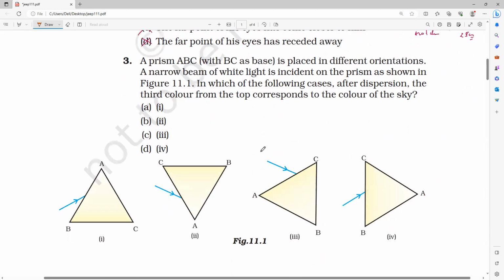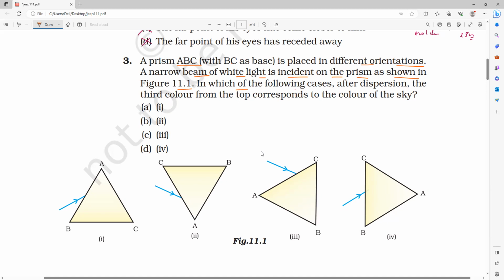Next, a prism ABC. This question also came in the board exam recently, in the last 2-3 years, I think. A prism ABC with BC as a base is placed in different orientations. A narrow beam of white light is incident on the prism as shown in the figure 11.1.